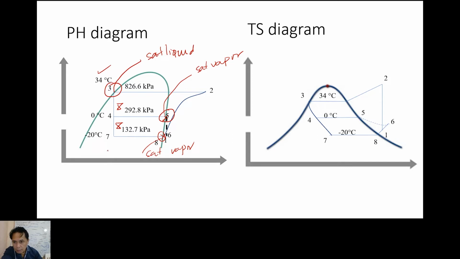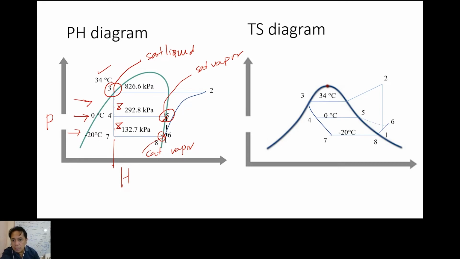So look at this, this is P, this is H. It's straight, so only the enthalpy is constant. The pressure and temperature are going down, but the enthalpy is constant. So you know that this is 4, this is 7.